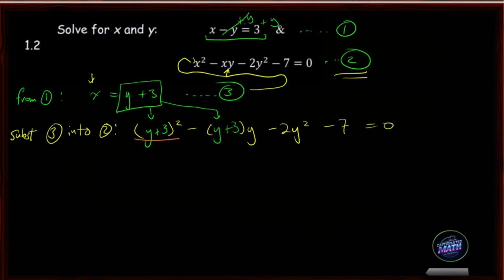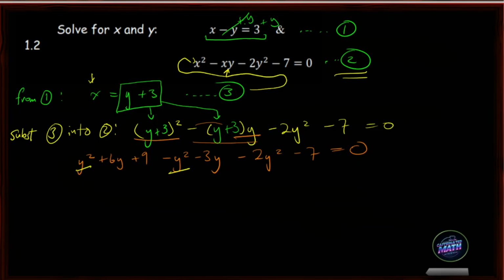For that term, what we have is y squared plus 6y plus 9. And then over here we have negative y times y, which will give us minus y squared. And then we'll also have a negative 3y. Of course, minus 2y squared and minus 7 were untouched.